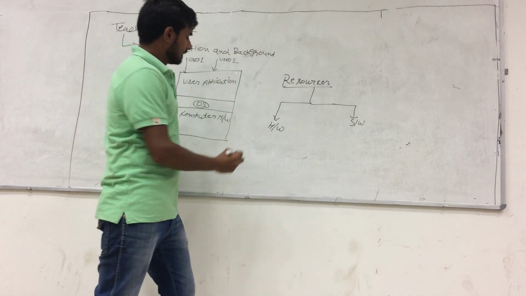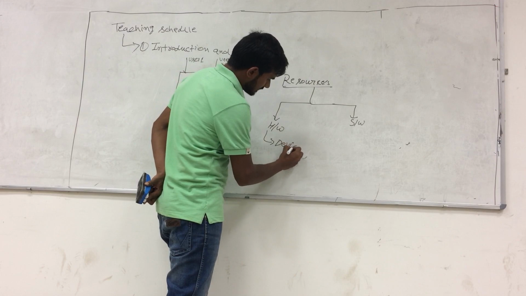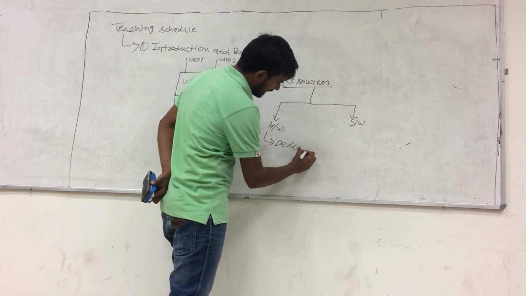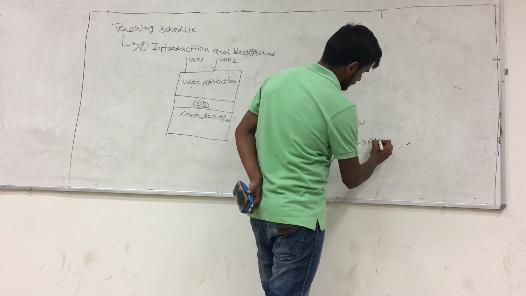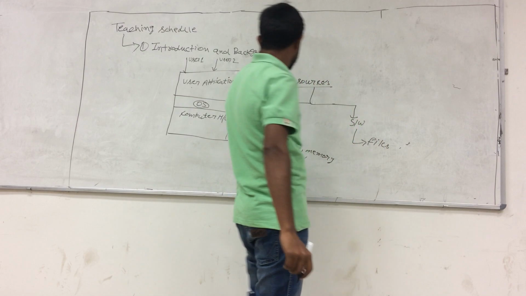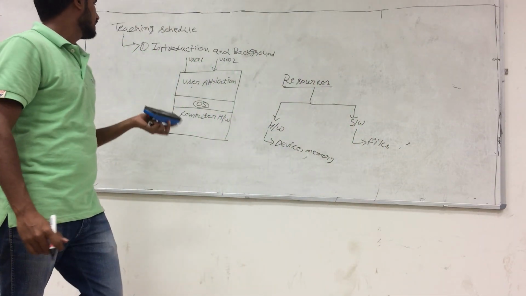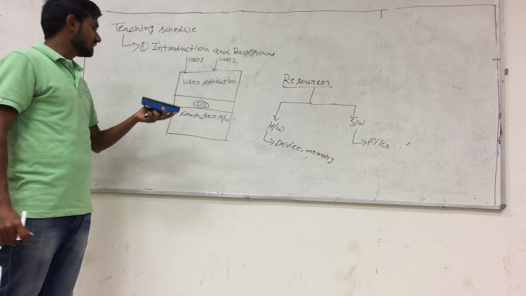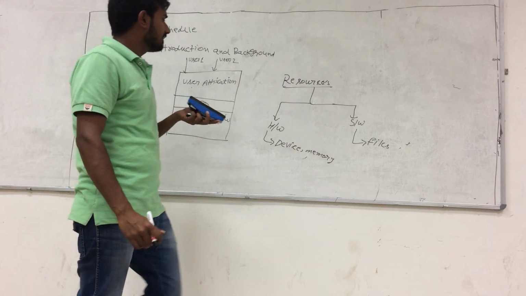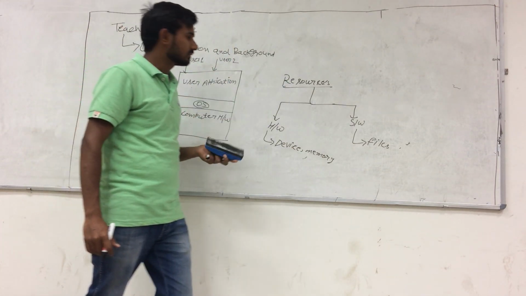In hardware, maybe device or memory. In software, maybe files. So for operating system, there are two definitions. One is operating system is an interface between user application and computer hardware. Second one is operating system is also called a resource allocator.